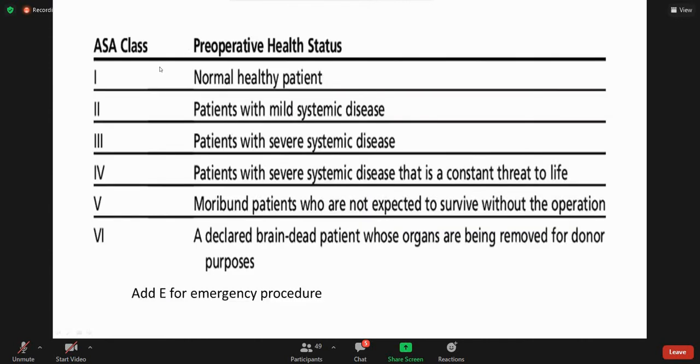So we'll go ahead and evaluate the ASA classification. So what is ASA?